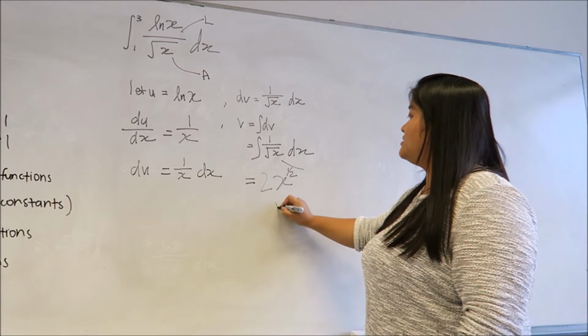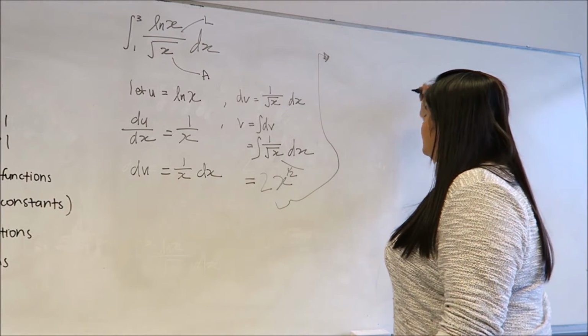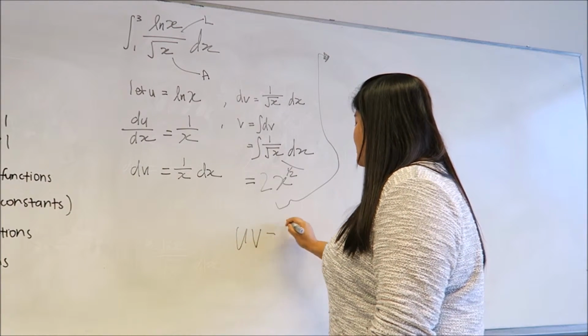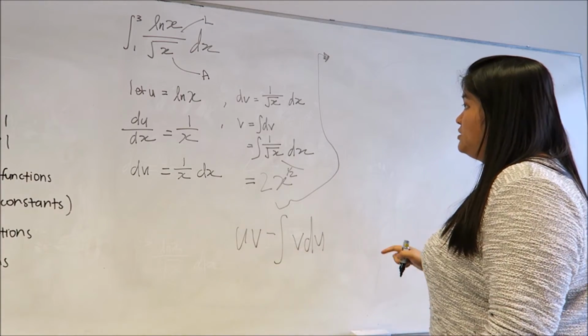Then we sub in this. The formula is uv minus integrate v du.